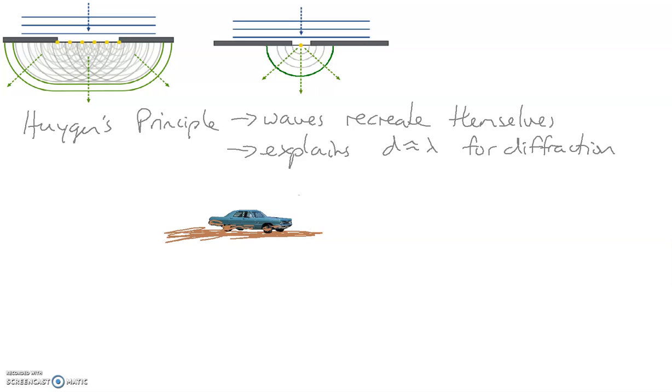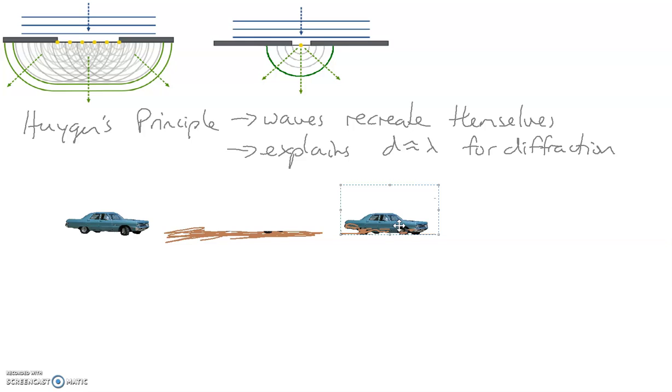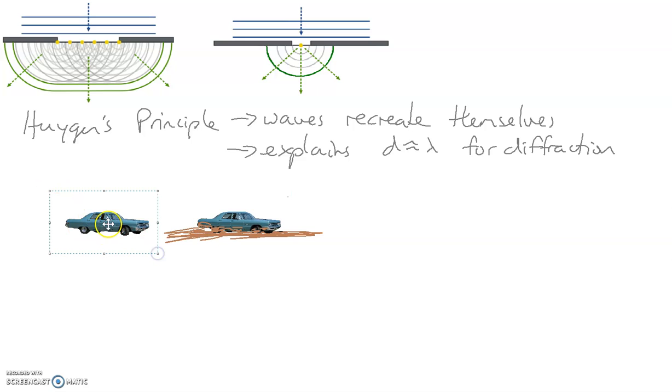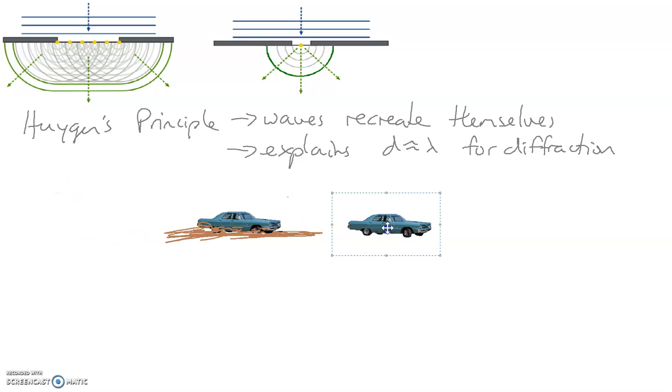Initially, the car was out here and the car was perfectly clean. It goes into the mud and then it comes out of the mud. In reality, no big surprise, when it comes out of the mud, the car is going to be muddy. But if the car actually travels like a wave does, when it comes out the other side, it would be clean.